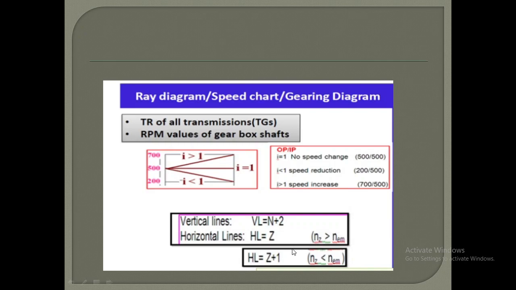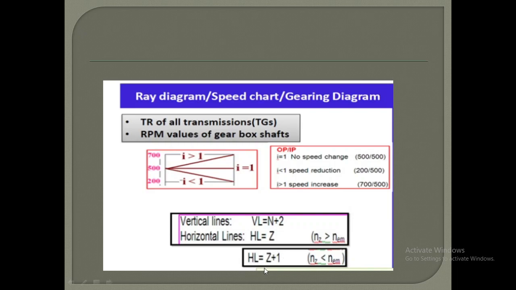This nz is always greater than nem. What is nem? Yesterday we saw it is the electric motor speed. This total number of spindle speeds or maximum spindle speed is greater than the electric motor speed.